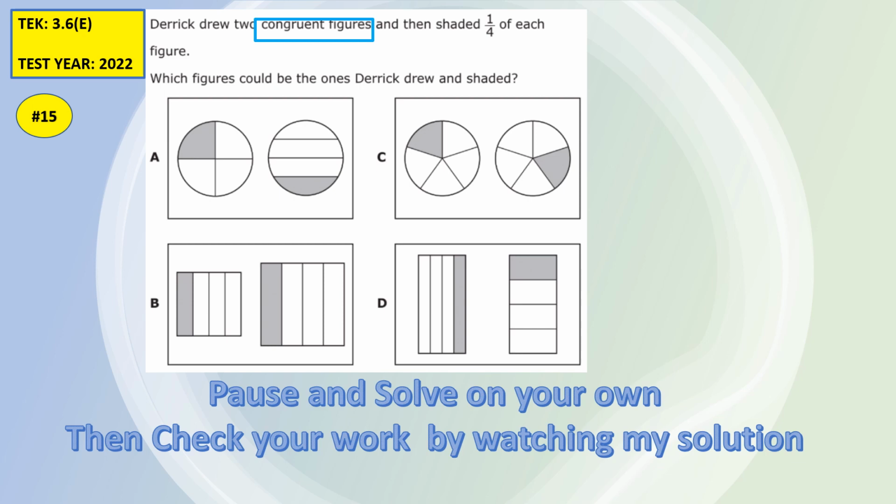Congruent means basically the same, okay? So Derek drew 2 congruent figures and then shaded 1/4 of each figure. Which figures could be the ones Derek drew and shaded? I want you to pause and solve on your own, then check your work by watching my solution.